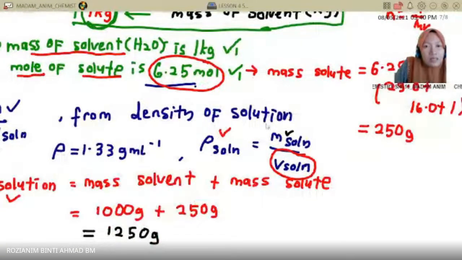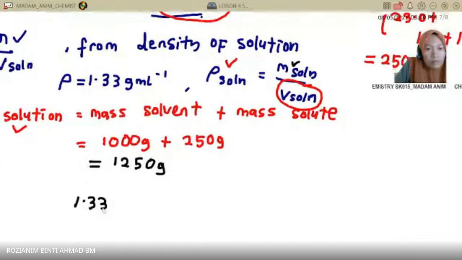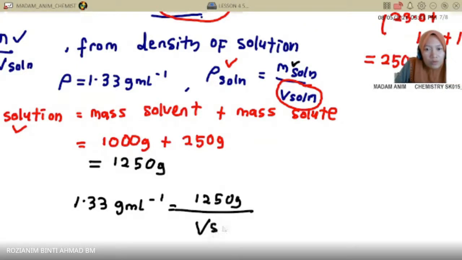Okay. So saya add up sekarang. Tak apa, nanti study lagi, sebab video semua saya akan masuk dalam Google Site. Bila you buat latihan senang nanti. Okay. So density tadi adalah 1.33. So saya substitute terus data. So means from density 1.33 gram per ml equal to mass solution 1250 gram over volume solution.